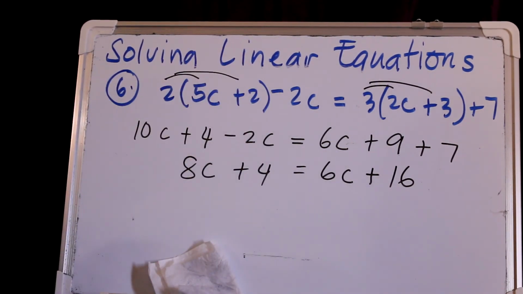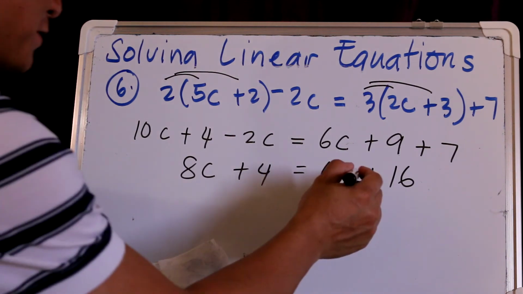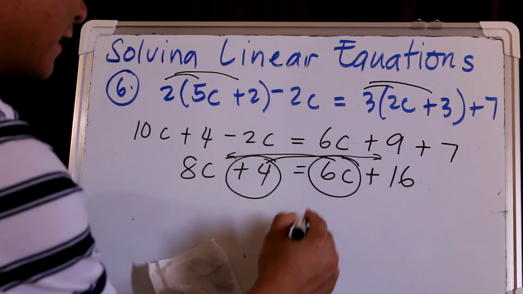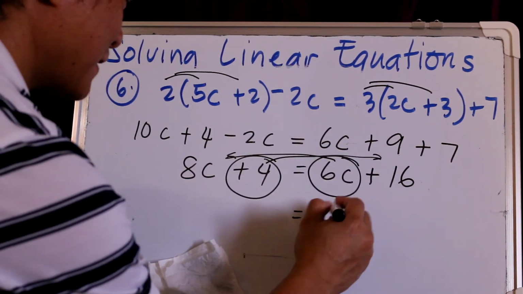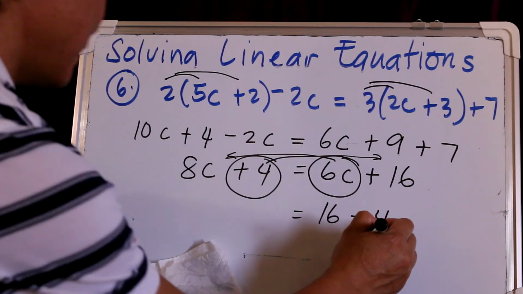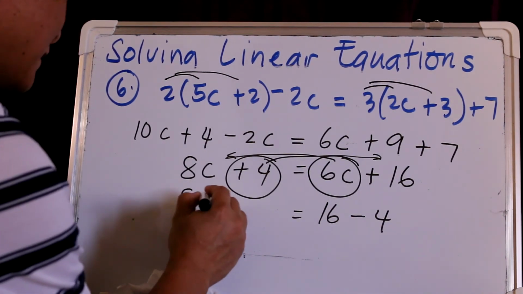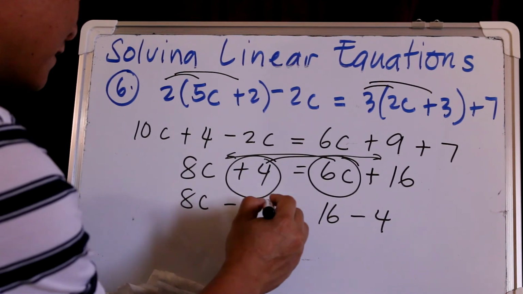Example number 5 earlier. Okay, so 6C goes here, 4 goes there. Okay, so 16 minus 4, and then you will have 8C minus 6C.